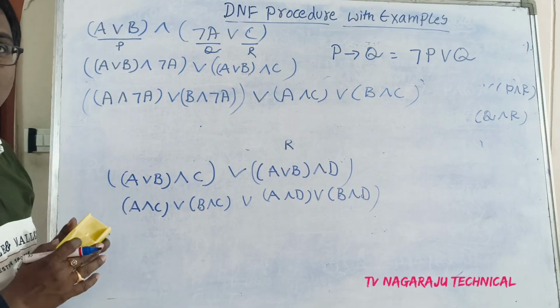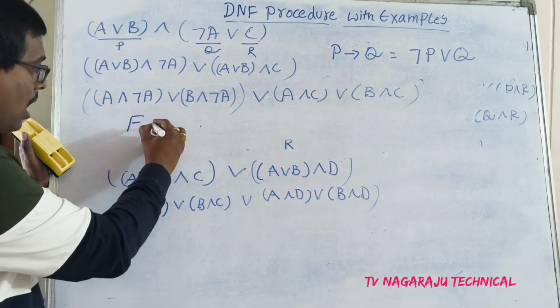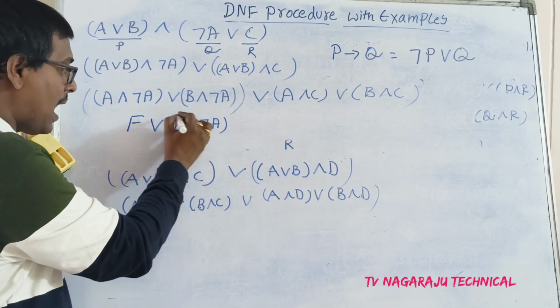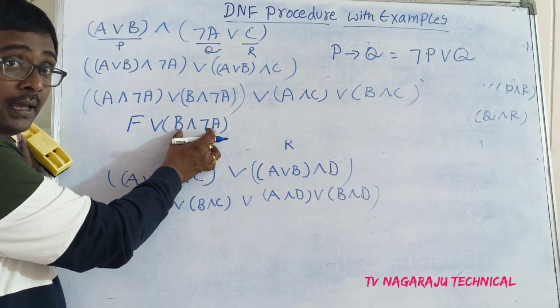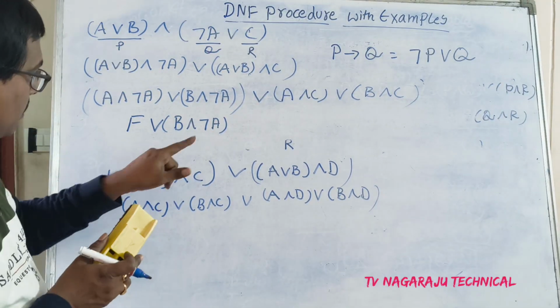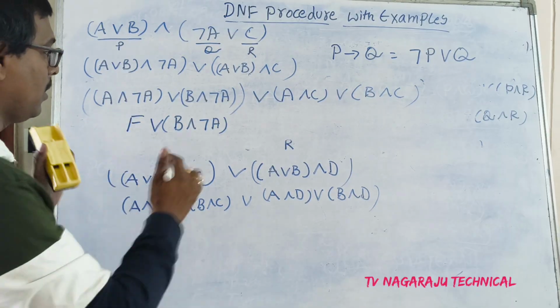A and negation A, what is that one? The answer is false. Or B and negation A; the order does not matter. Why? The AND operation and OR operation are commutative. Suppose you write negation A and B, that is also not a problem.